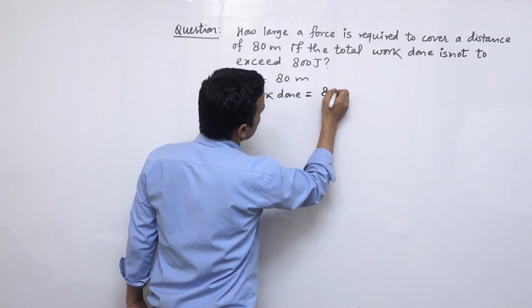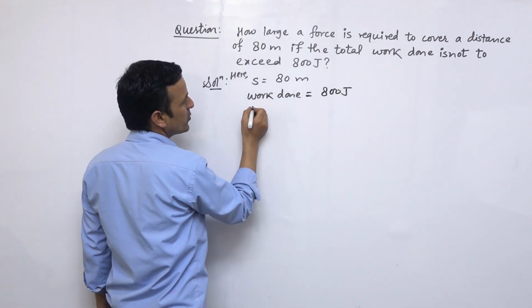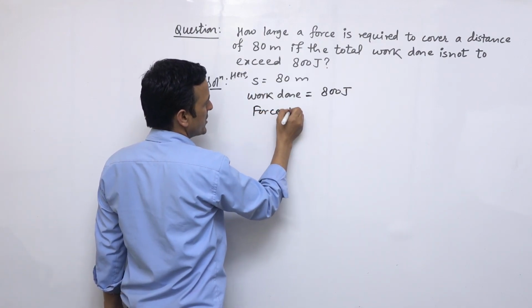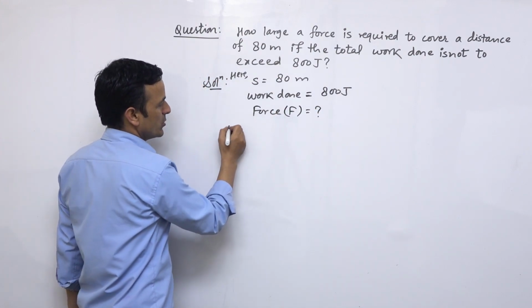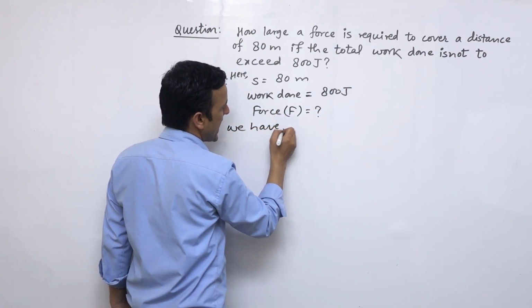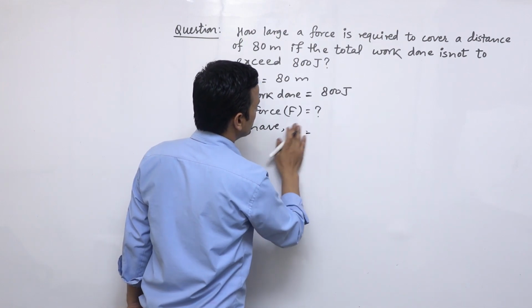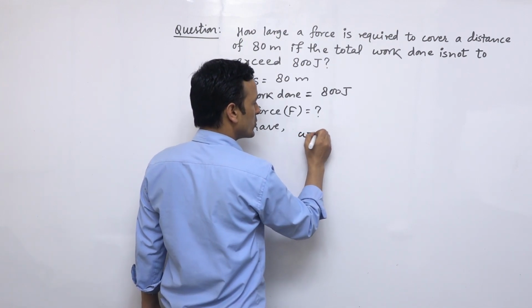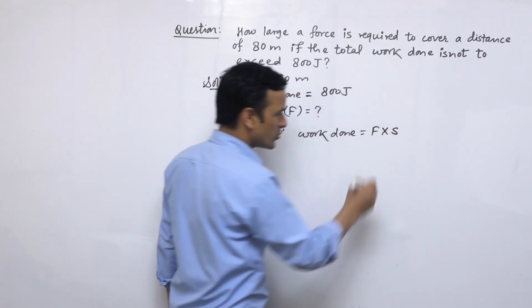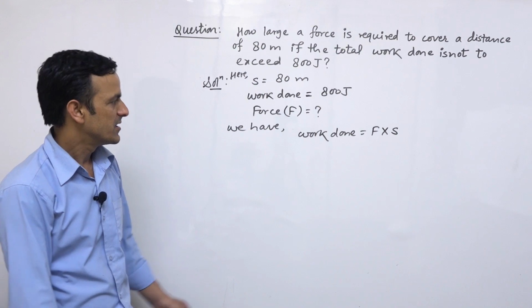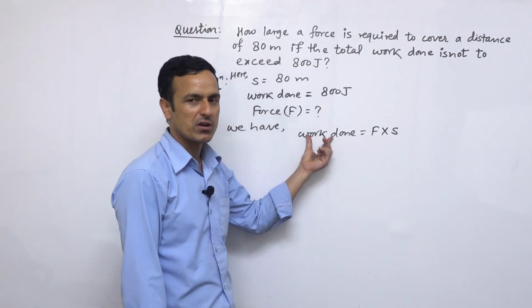So work done is 800 joule, and we are going to find force. Force F is equal to what? So we know that the formula is work done is equal to force into displacement. So this is the formula to find the work done.